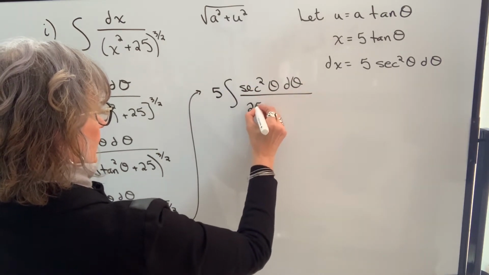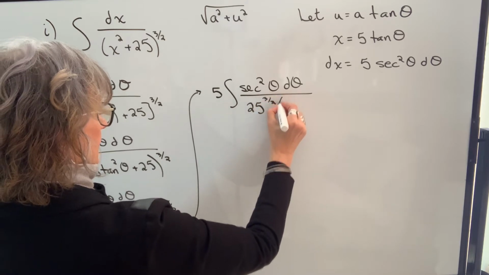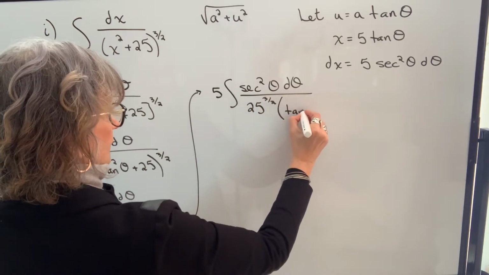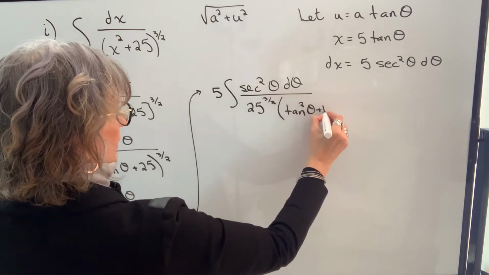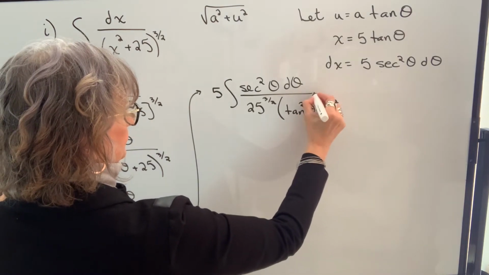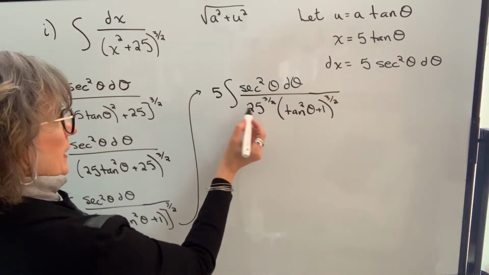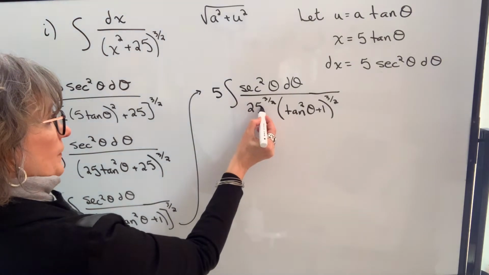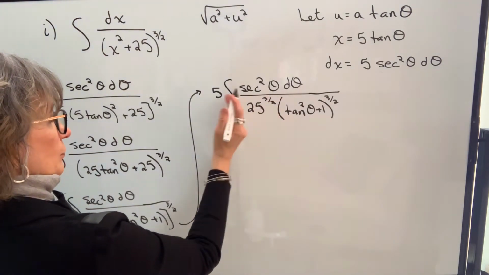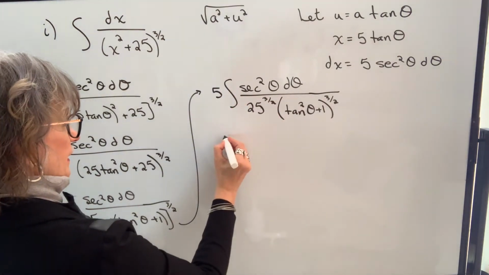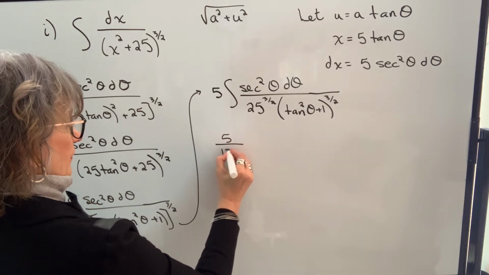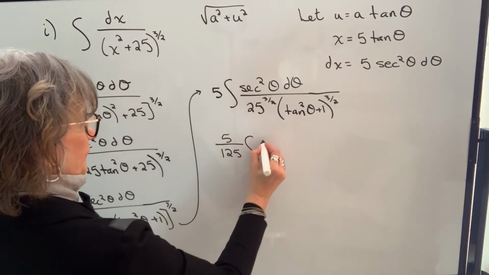So we're going to get 25 to the power of 3/2 and tangent squared theta plus 1 to the 3/2. Square root of 25 is 5. Cubed is 125. We're going to move that out in front of the integral sign, and it's in the denominator. So it'll be 5 over 125.